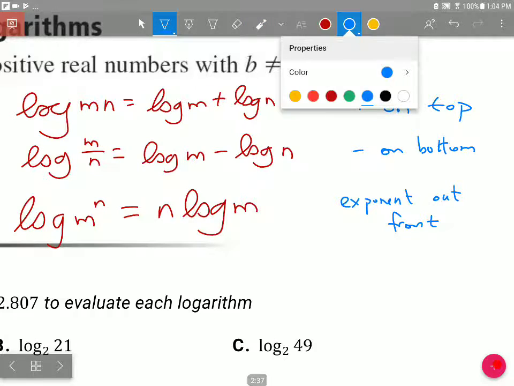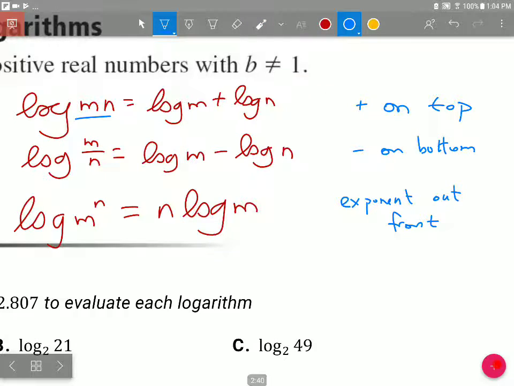They're both divided by what? 1. So they are in the numerator, right? That's why they're both positive. Okay? It really is the exact same rule, just written a little bit differently. Okay? Any questions about this so far? No. All right, here we go.